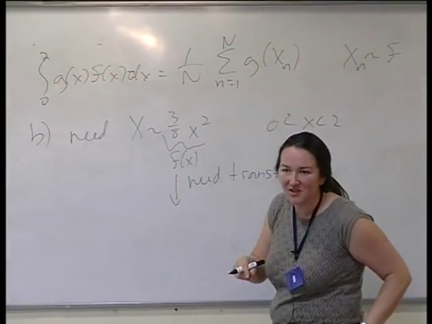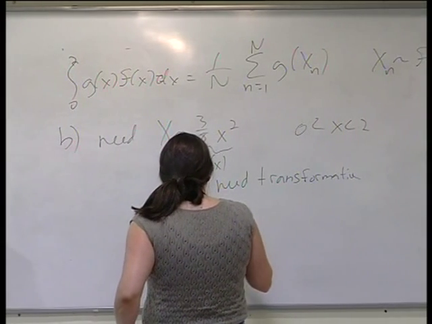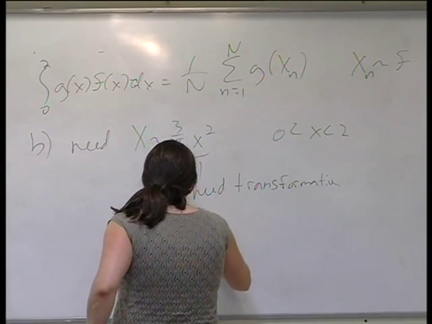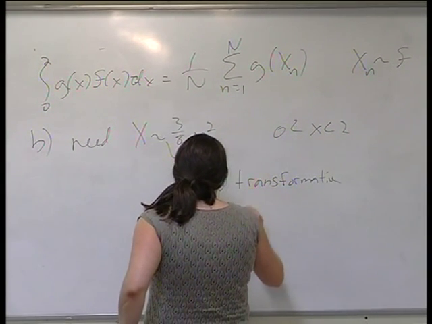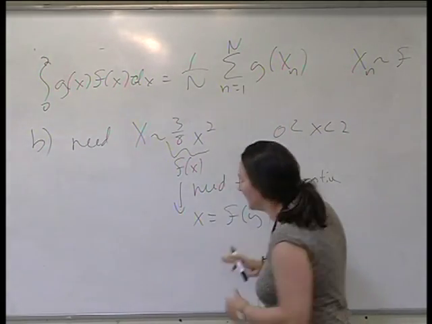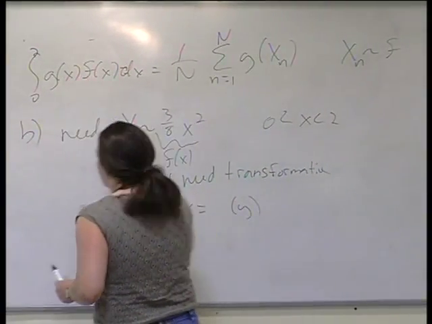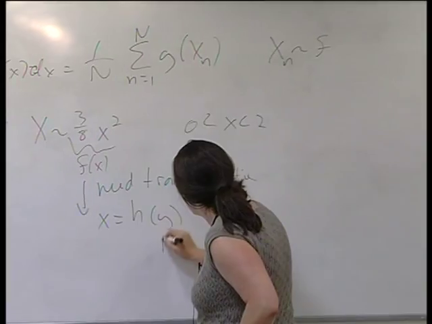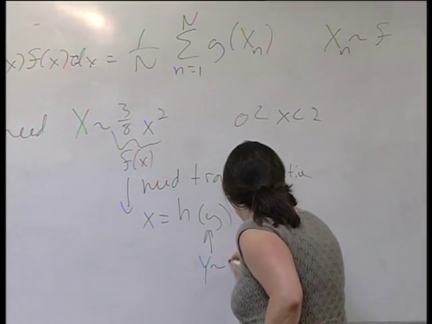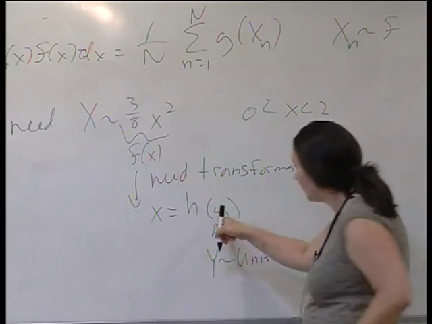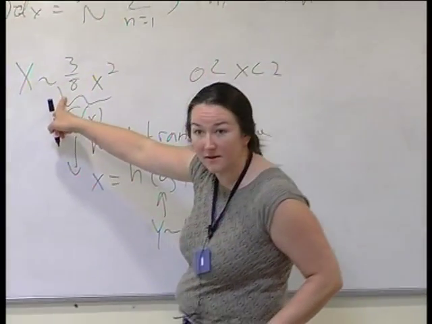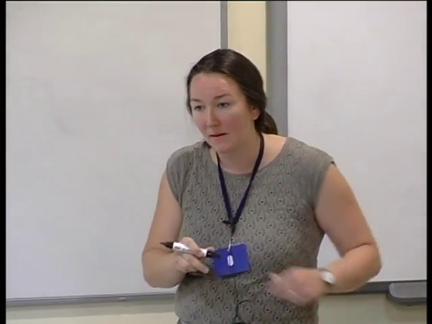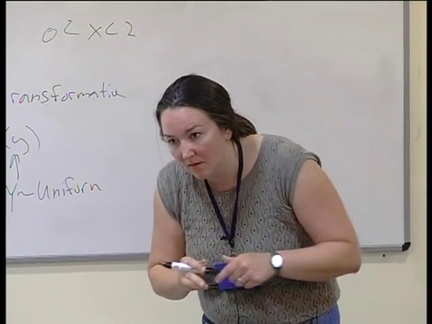I think I'd also been calling it G, so let me come up with a new letter. We need a transformation, let's say x equals h of y, where if we put uniform in here we would get back this distribution, or samples from that distribution, 3 by 8 x squared.